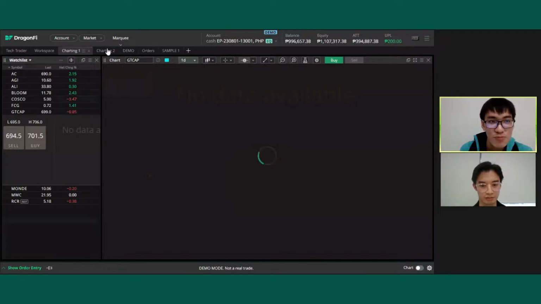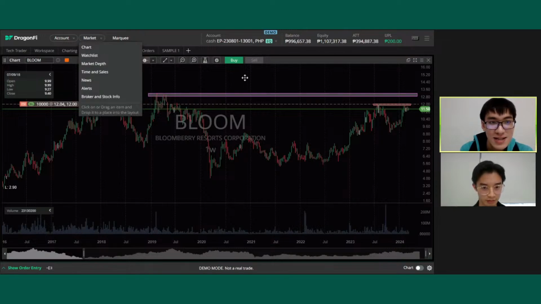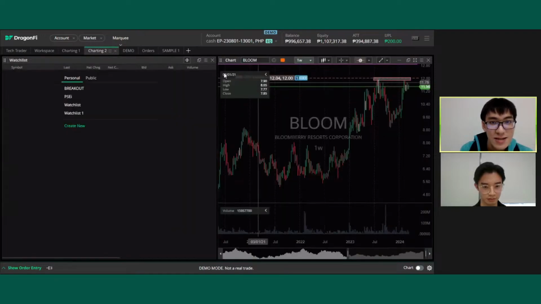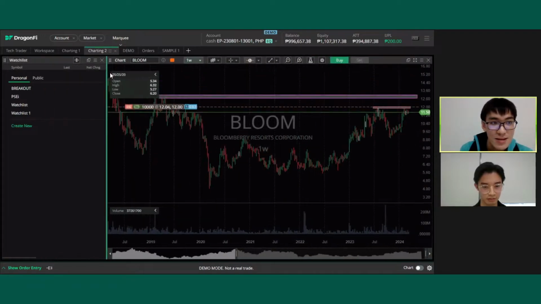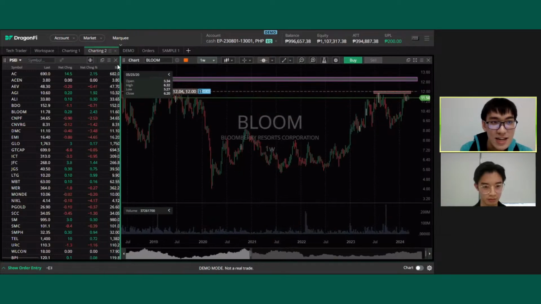Then you can also put your watch list beside it. So for example, let's add our watch list, put it beside. Let's put this side by side, PSEI, then let's link it together.